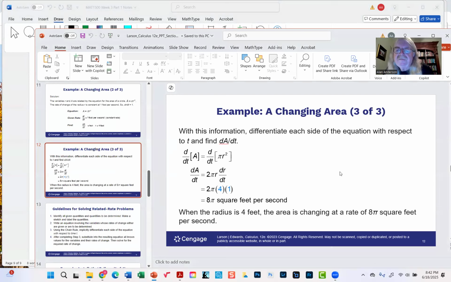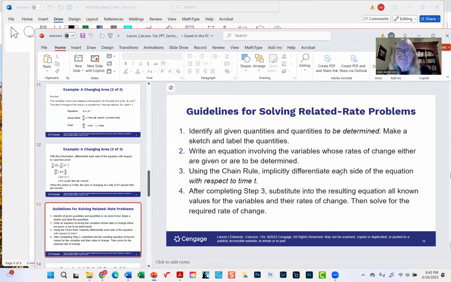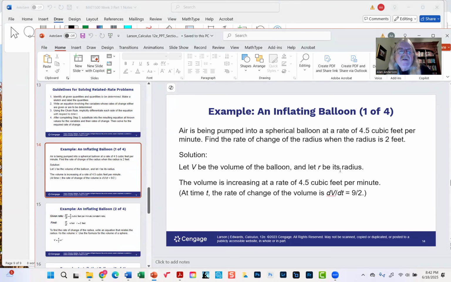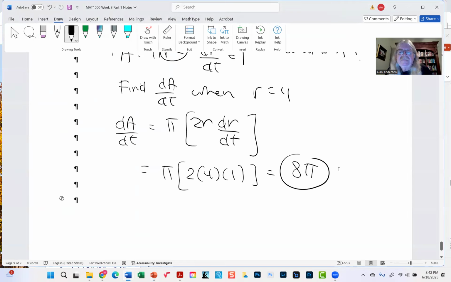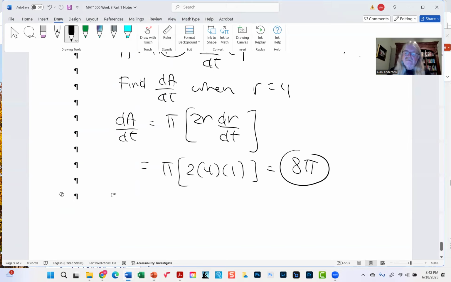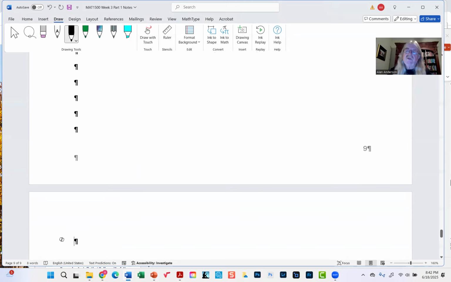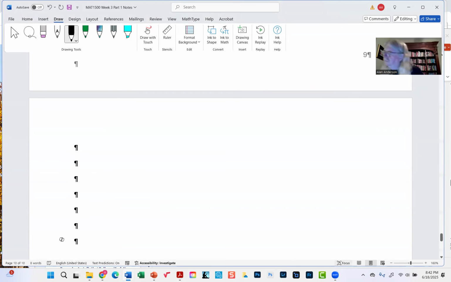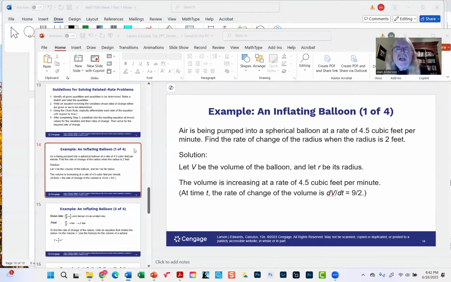Actually, it's square feet. Interesting. Now here we've got a balloon that's getting bigger. We're treating it as a sphere, of course. And the air is being pumped into the balloon at a rate of 4.5 cubic feet per minute.